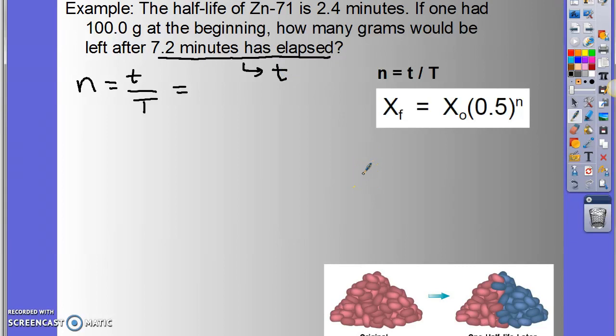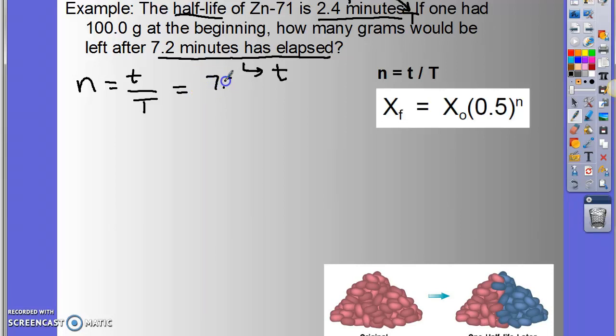Now the other time in the equation is 2.4 minutes, and it tells us that that's the half-life. So this must be our big T.